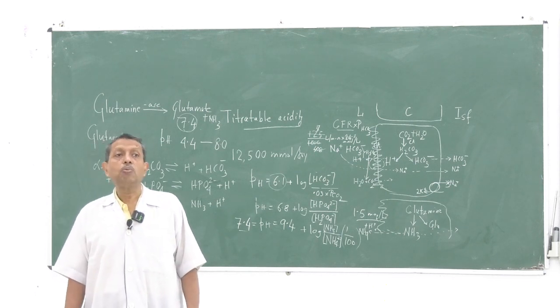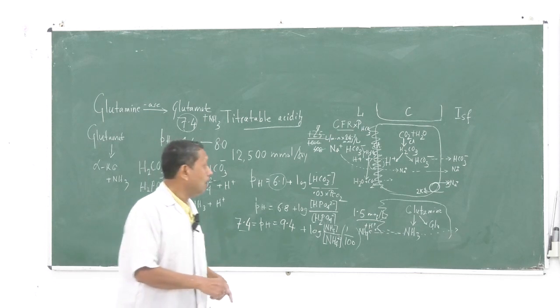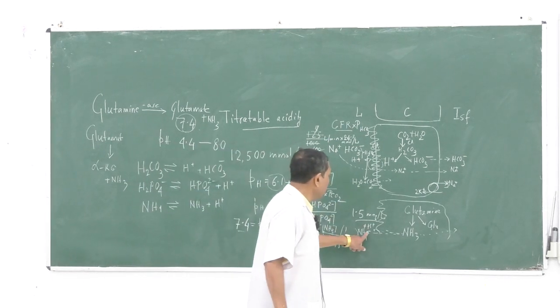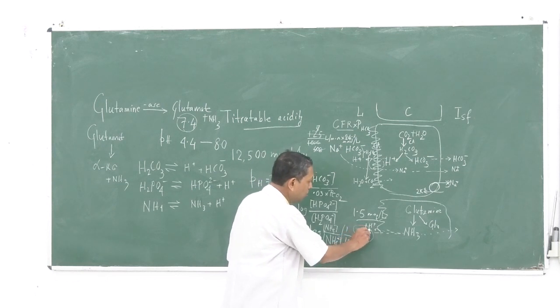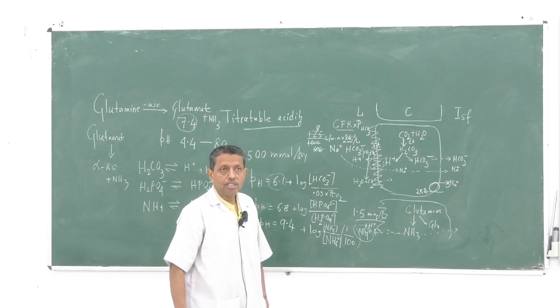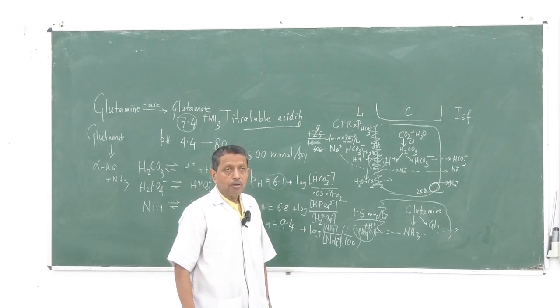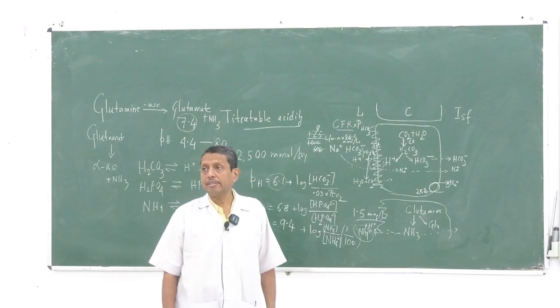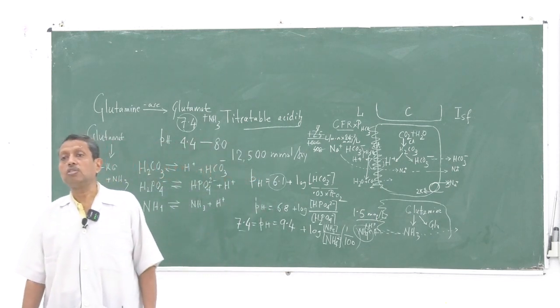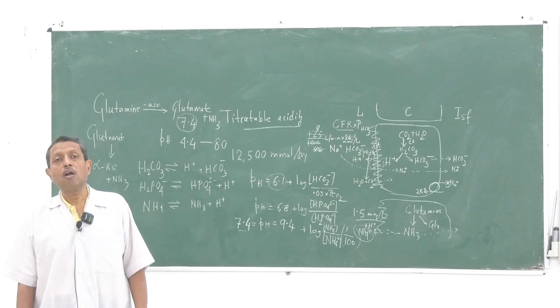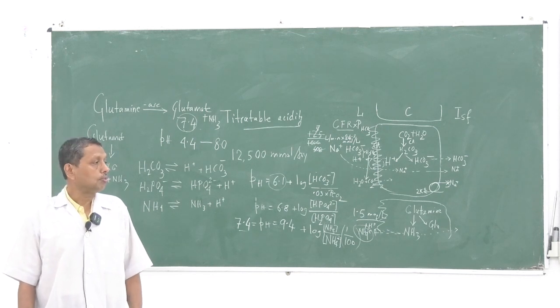So it can move everywhere. But when it comes into the lumen, it unites with the hydrogen ion to form NH4 plus, and it cannot enter back into the cell. And it is called diffusion trapping or non-ionic diffusion. It is a good example of non-ionic diffusion.